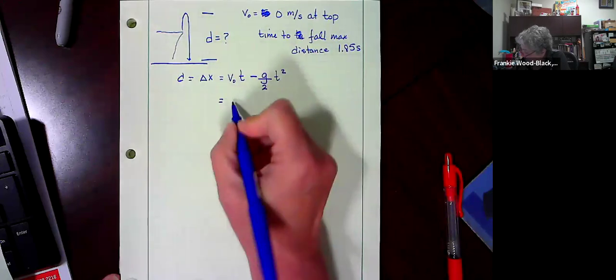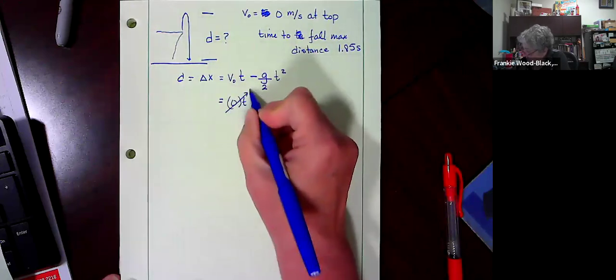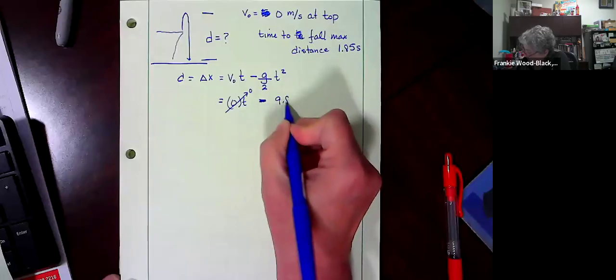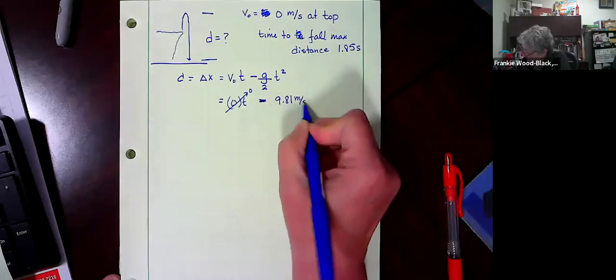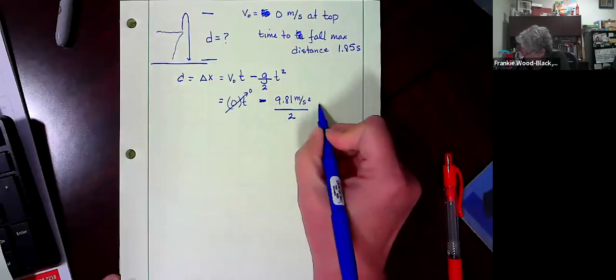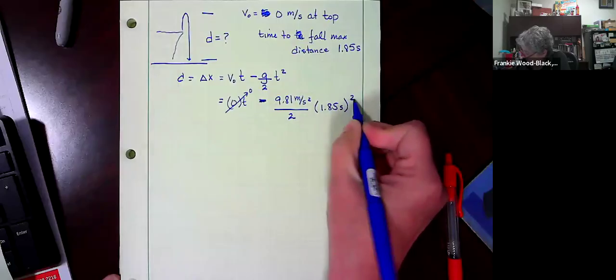This is going to be 0 times my time. It's going to equal minus 9.81 meters per second squared, divided by 2, times 1.85 seconds squared.